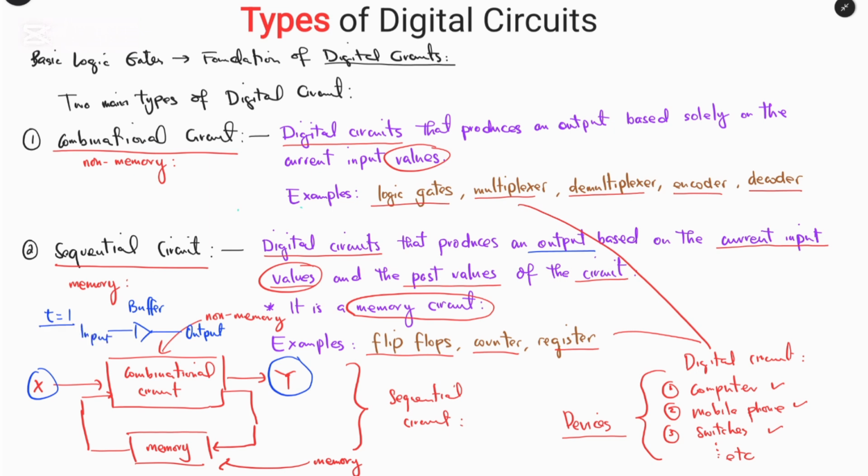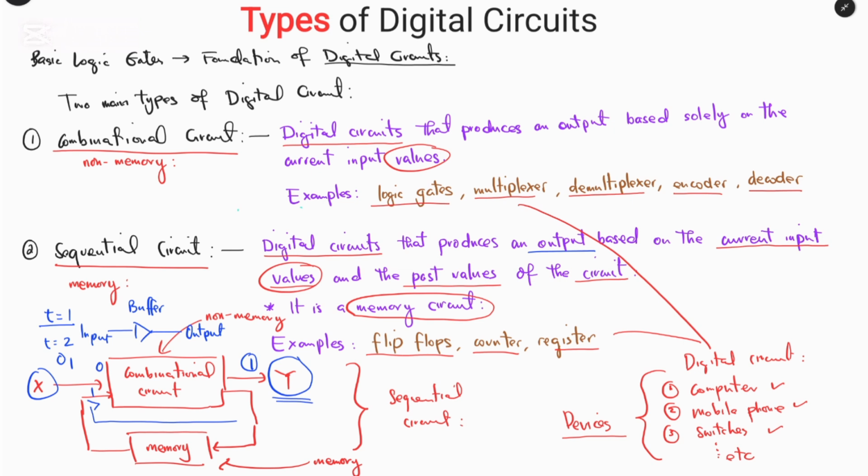So at t equals 1, when we pass a value 1 into the circuit, the output will be 1. When t equals 2, we pass a value 0 into the circuit, and the output will now involve the past input, which is the 1. So we will have 0 and 1 as inputs to the circuit, which will produce the corresponding value y.